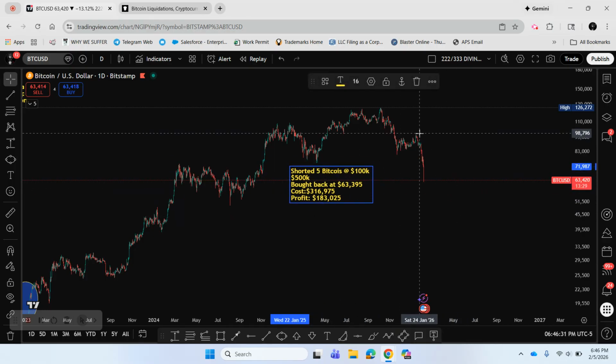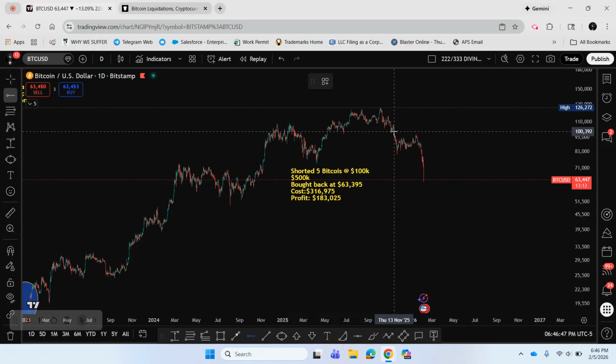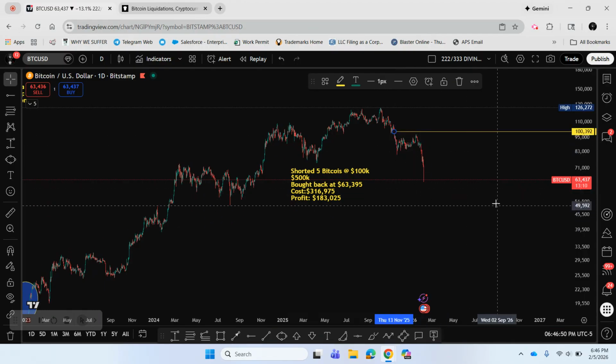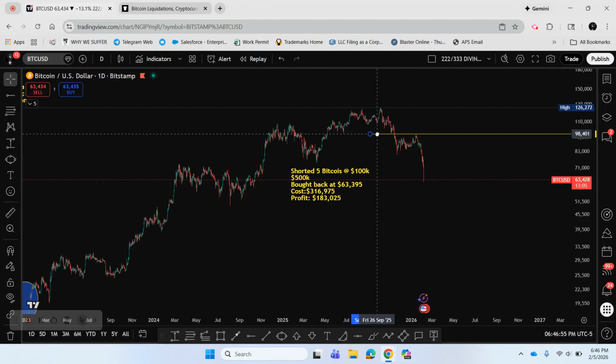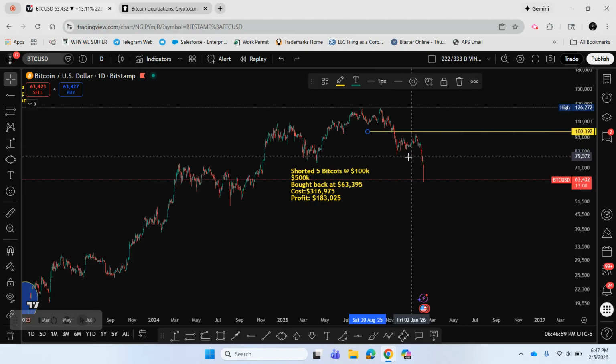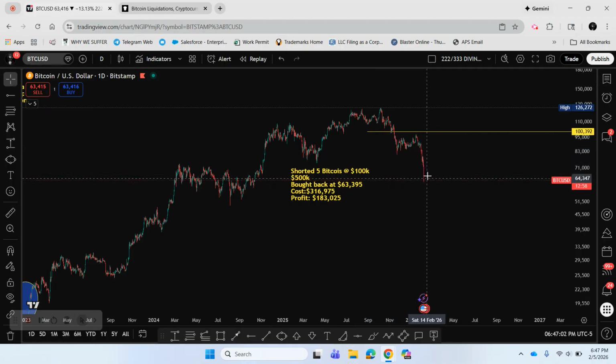Okay? So right here, around 100,000 some change, somebody said, "Hey, I want to short." Even right here, I want to short. Let's just put a line right there so you can see. It's not going to be perfect with 100,000, but just for demonstration purposes, somebody right here decided they were going to short Bitcoin, right? And as prices come down here, they're now going to buy back their Bitcoin.